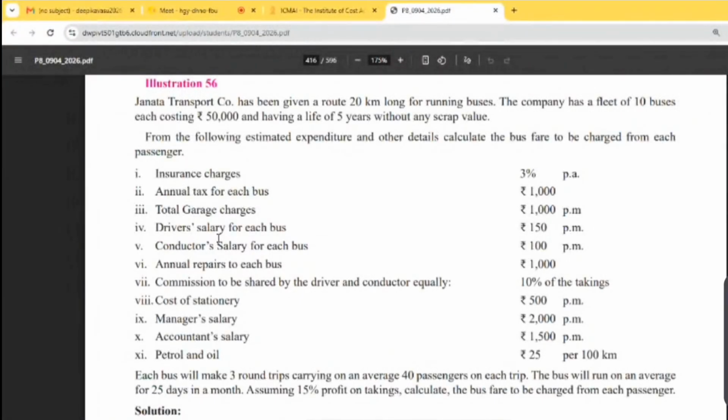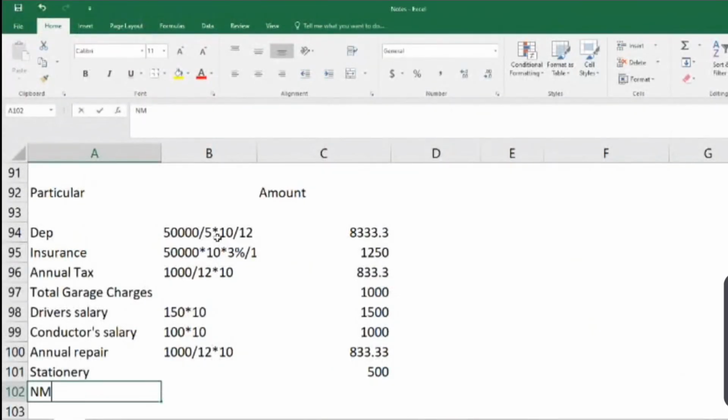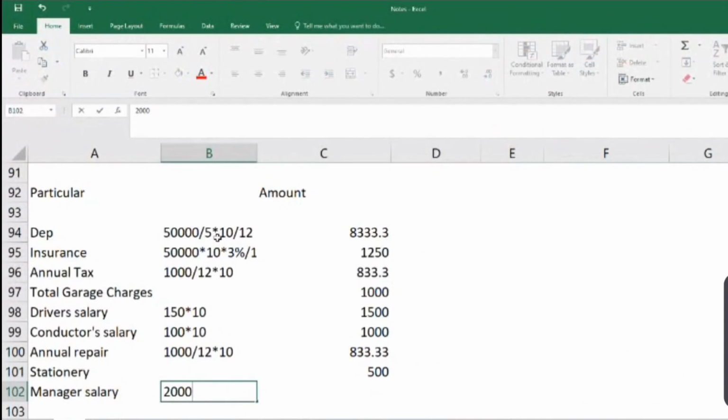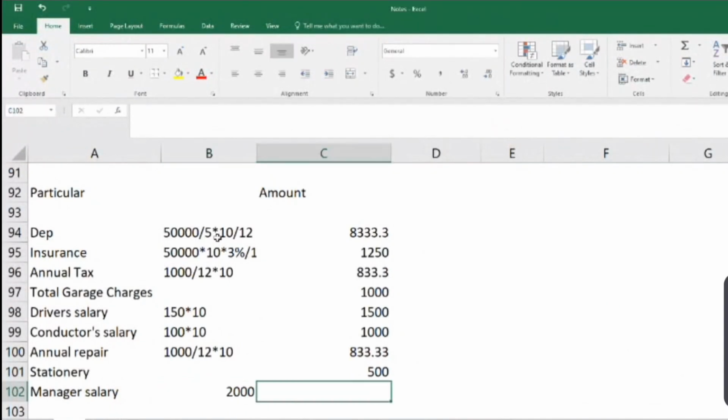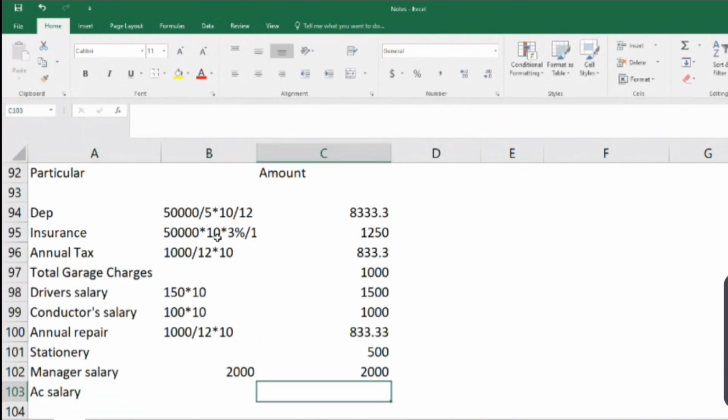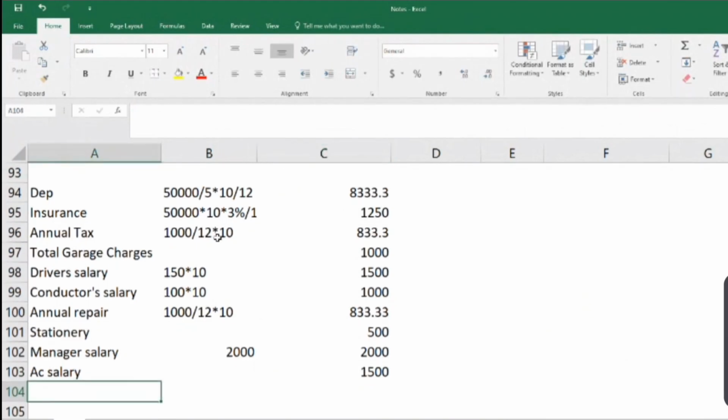Then manager salary is 2,000 per month. So the 2,000 comes here. Then accountant salary is 1,500. Then petrol and oil.